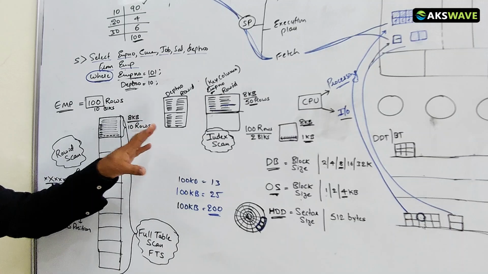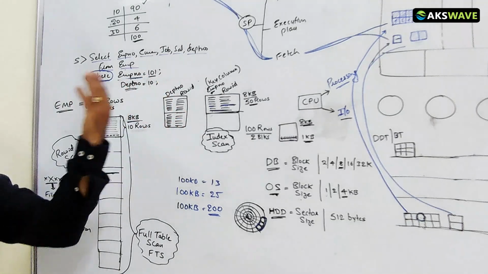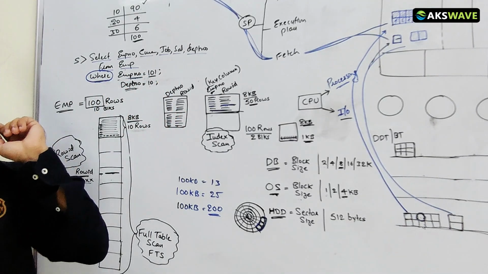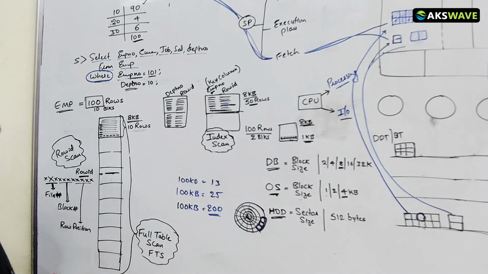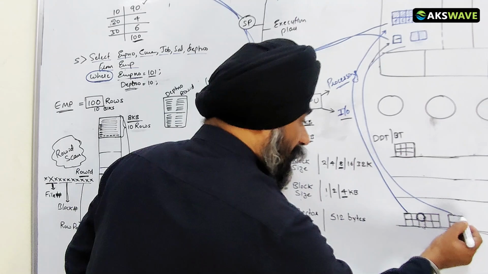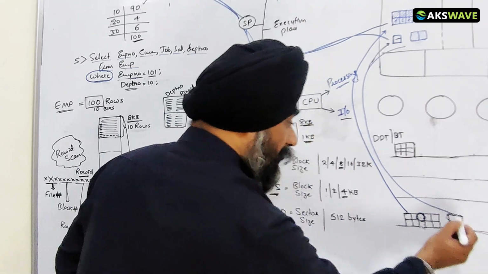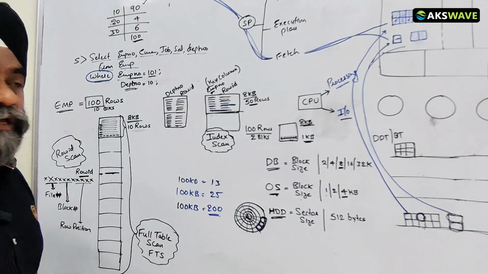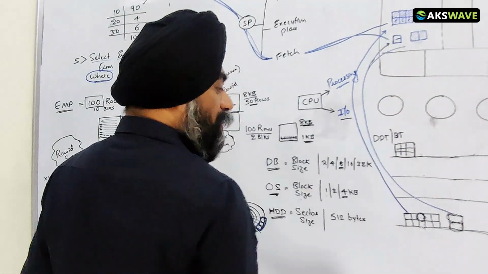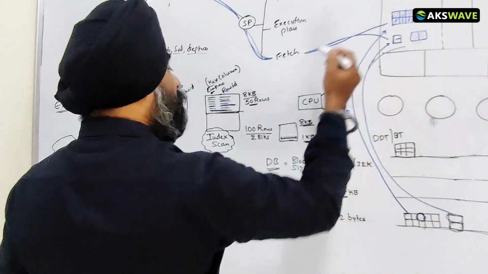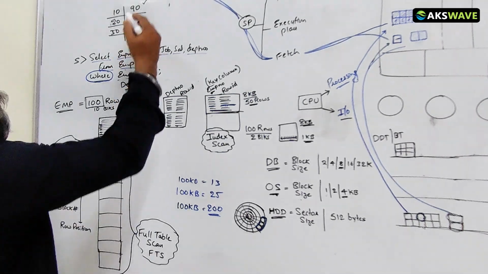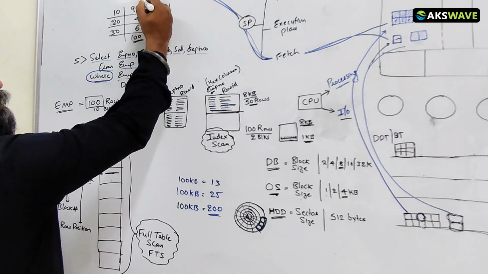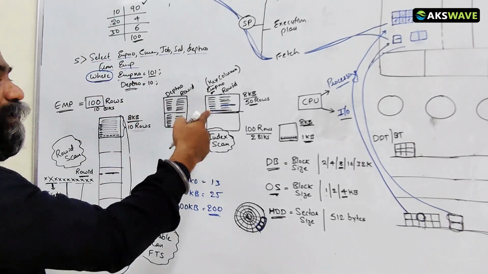Now if I submit the query and as you said index scan, how many rows does it have to return? 90 rows it has to return. So if I go through index scan, 2 IOs on the index, 2 blocks I got. Then how many row IDs will it give me? 90 row IDs, because 90 rows are there for department 10.